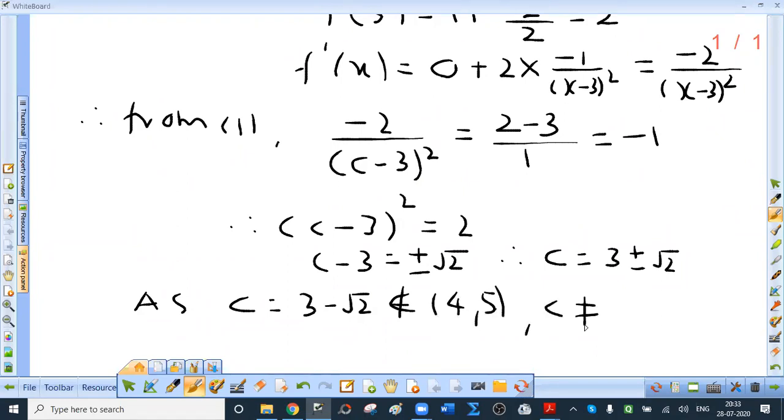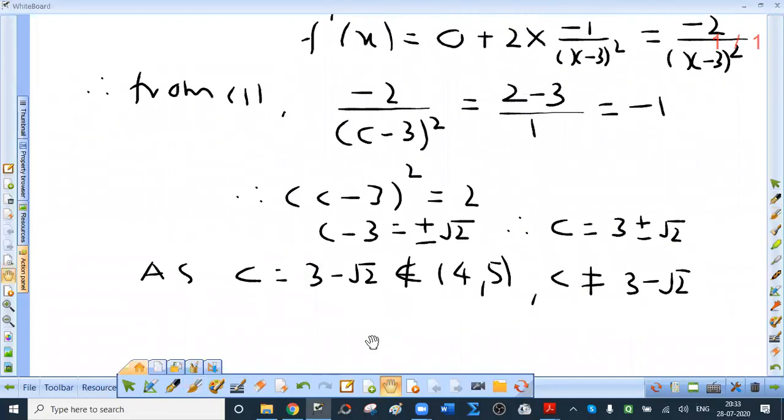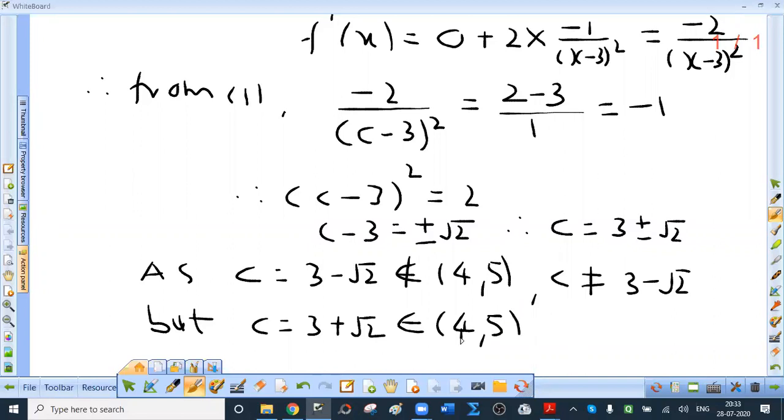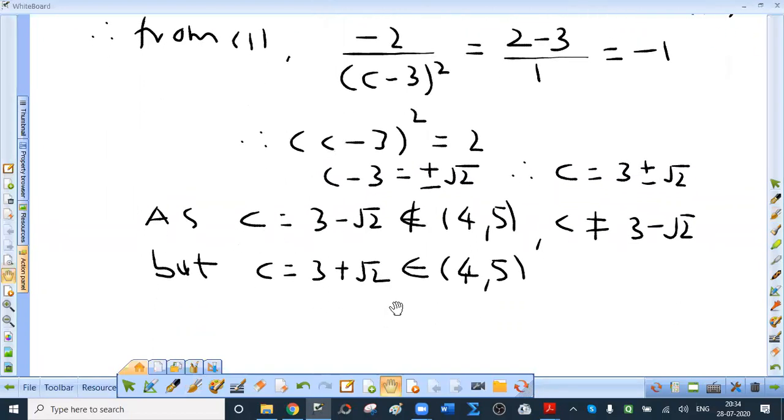C cannot be 3 minus root 2. What about 3 plus root 2? It is 4 point something. So lies between 4 and 5. But C equal to 3 plus root 2 belongs to open interval 4, 5. Therefore, LMVT is verified. Right.